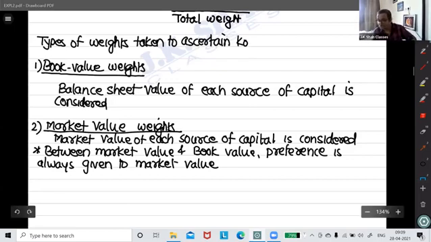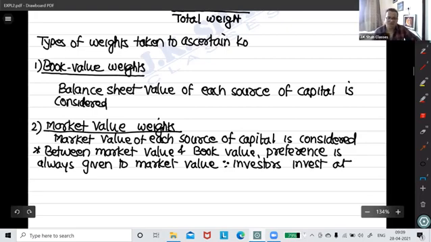Market value. Since investors invest at which value? Market value.